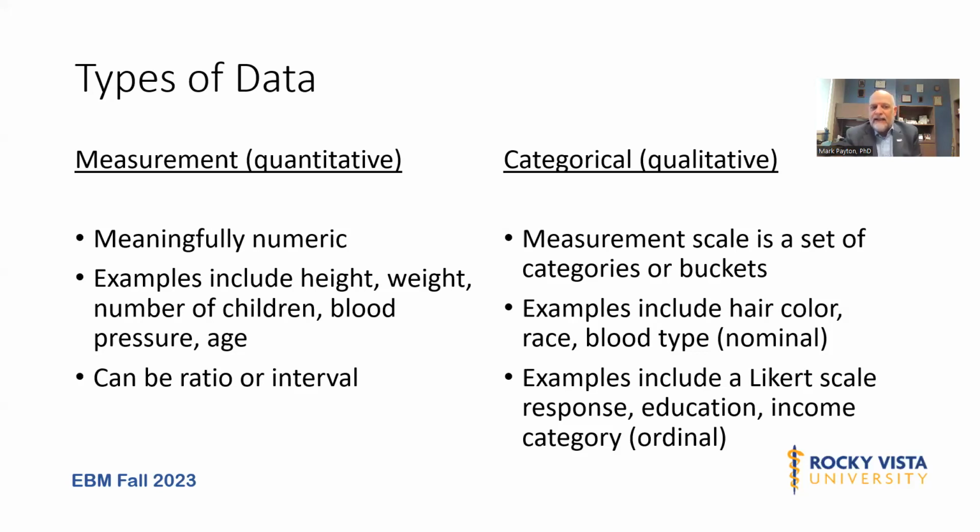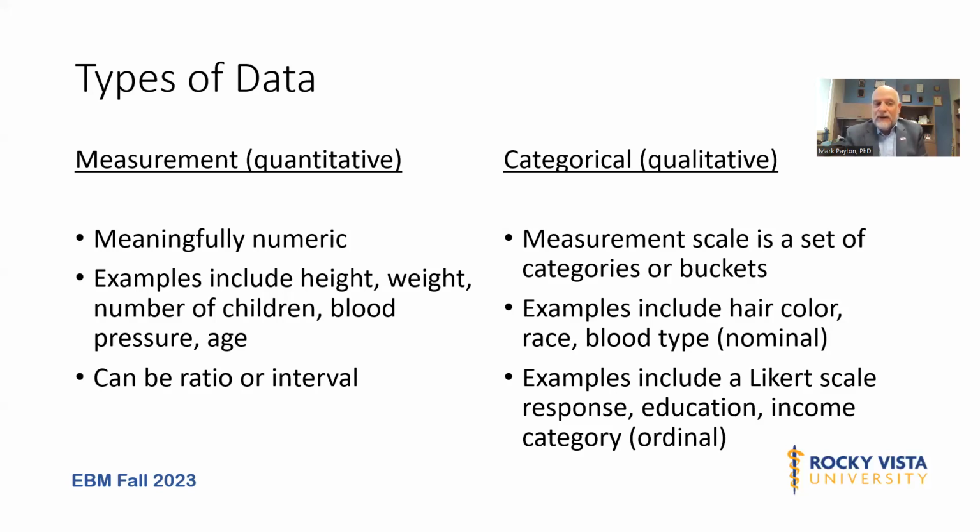Quantitative data can either be ratio or interval. Almost all the time it's ratio. The difference between ratio and interval is that the ratios make sense. The way that I always look at ratio data is, does zero mean zero?